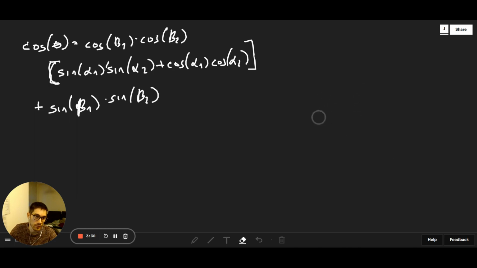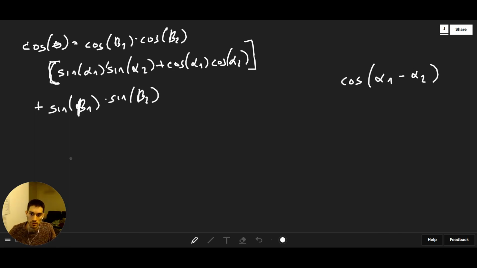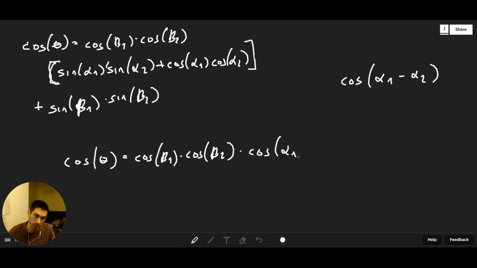Cool. And now, finally, knowing that this is another way of writing cosine of alpha 1 minus alpha 2, we can simplify this to cosine theta equals cosine beta 1 cosine beta 2 times cosine alpha 1 minus alpha 2 plus sine beta 1 sine beta 2.